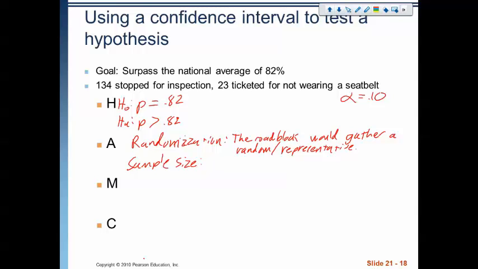Would we have a large enough sample size? Well, 82% is what we're checking, so 0.82 times 134, and 0.18, that's my failure rate, times 134. And these two numbers, just eyeballing it, should be big enough.